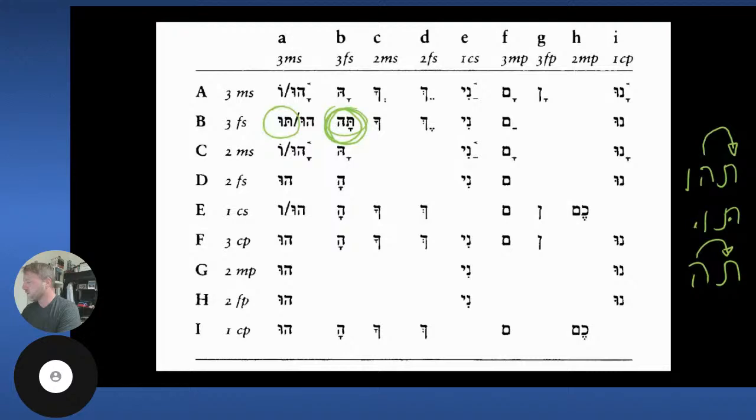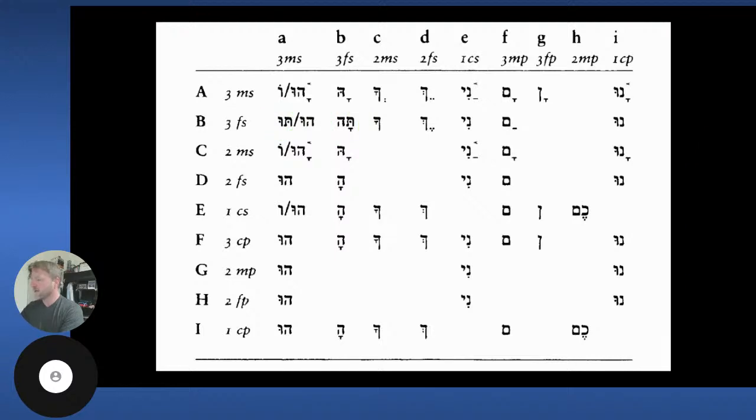We're going to mark it as ah. So teha becomes ta. The hey is there assimilated into the tav. So just like we have tehu and teha, it looks like a vowel letter, but it is not. The hey is always a consonant in this third feminine singular ending, which is the one we attach to a verb to mean her.